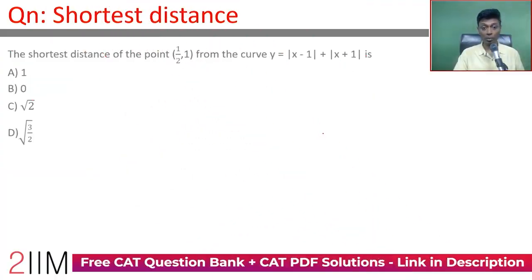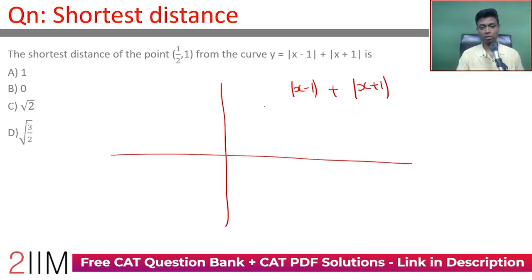The shortest distance of the point (half, 1) from the curve y equal to mod of x minus 1 plus mod of x plus 1 is, think about the point (half, 1).